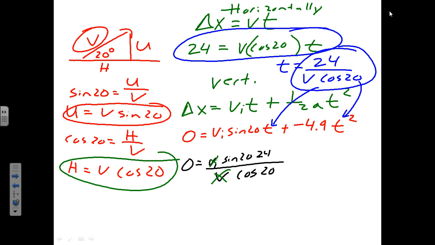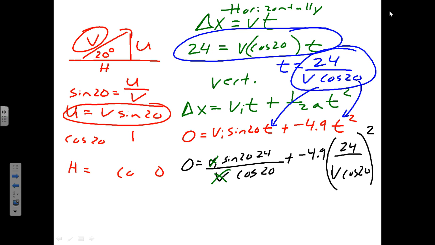Let's keep going though. Plus negative 4.9 T squared. So we can substitute 24 over V cosine 20 in there. We got to square all this. All right, I think before I do anything else, I'm going to move the negative 4.9 over to the other side. Let me make a little space.